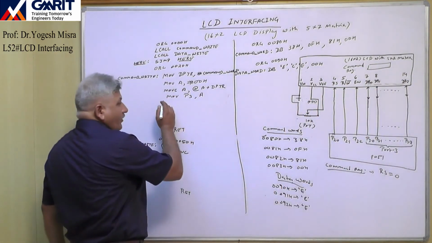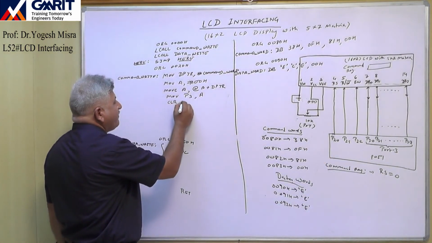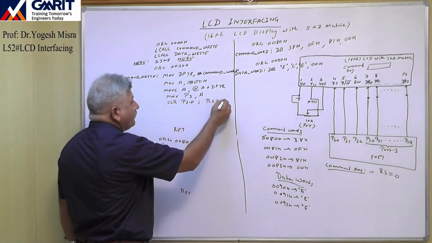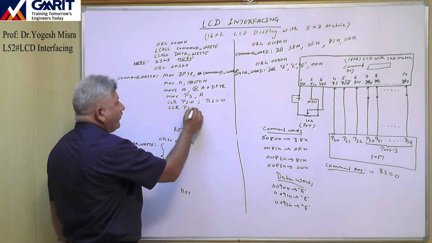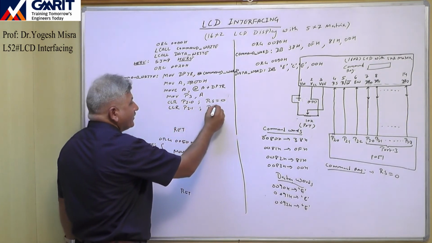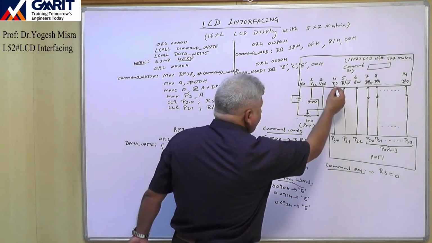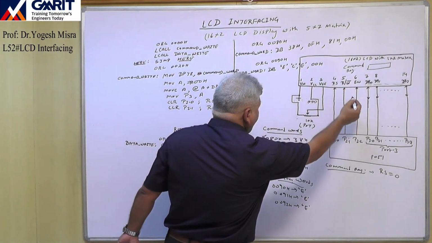Now we will select the command register. For that, CLR P2.0, with this RS is equal to 0. Then CLR P2.1, with this R/W bar is equal to 0. This pin is 0 to select the command register, and this pin is 0 to perform the write operation.